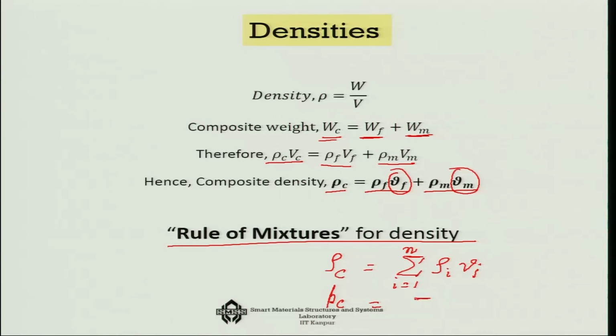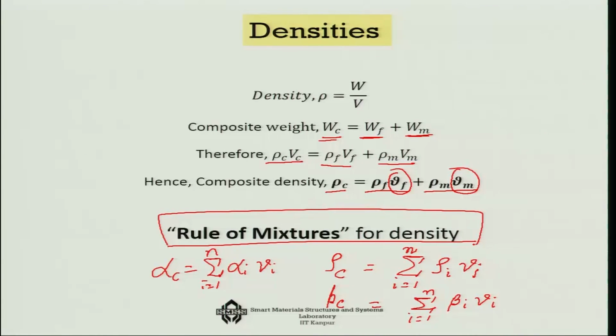That also follows the same rule: the sum over i equals 1 to n of beta i Vi. And similarly the thermal conductivity, alpha c, exactly the same rule: alpha c is the sum over i equals 1 to n of alpha i Vi. So this is the general rule of mixtures for the density and such other transport properties. Some properties are not transport properties.